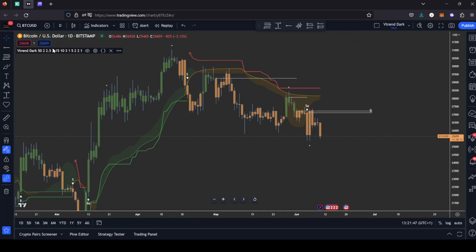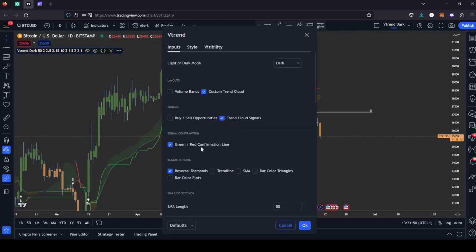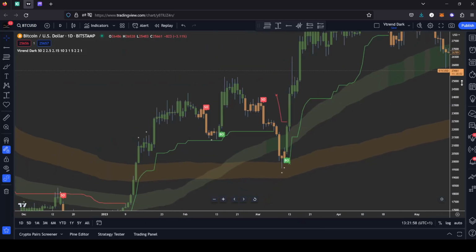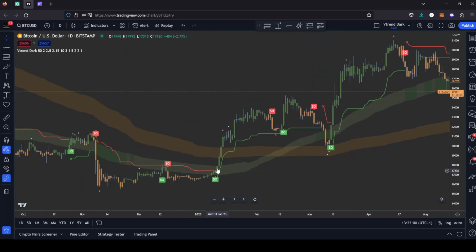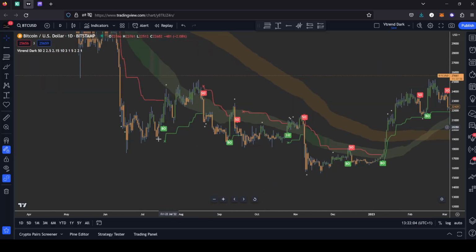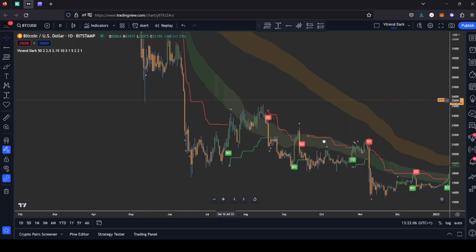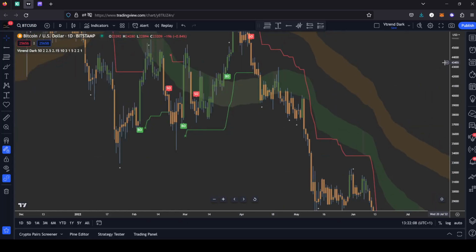Now if we go to the volume bands and trending, scalping, buy sell opportunities, we can use confirmation lines again. The rules are still the same and totally valid, even though the signal placing is different.